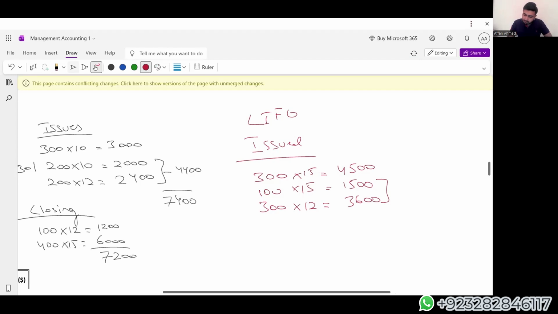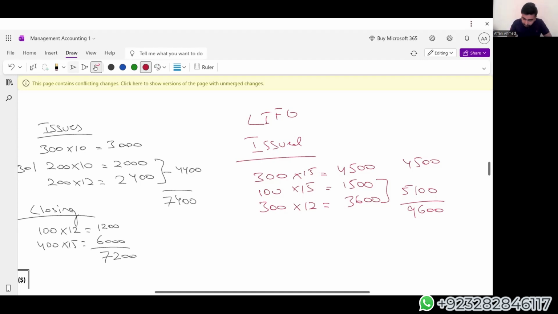So if I add them up, I'm getting approximately 5,100 and plus 4,500. That is my total of 9,600. You see how I went from 7,400 to 9,600, a substantial increase.